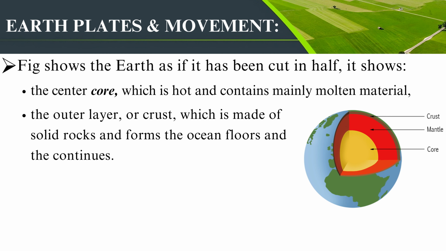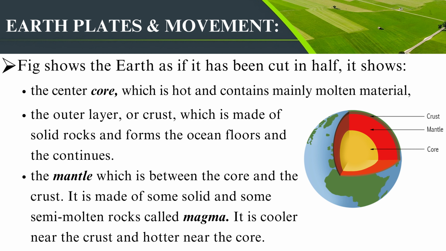The outer layer or crust is made of solid rock and forms the ocean floors and the continents. The mantle, which is between the core and the crust, is made of mostly solid and some semi-molten rock called magma. It is cooler near the crust and hotter near the core.